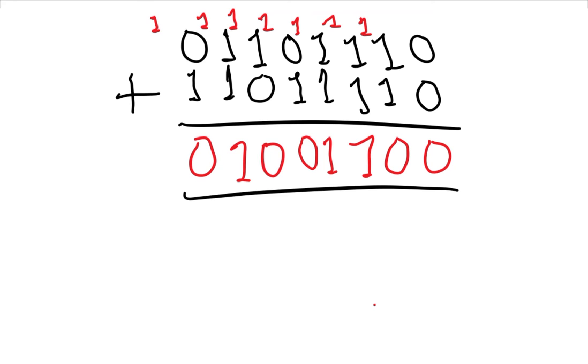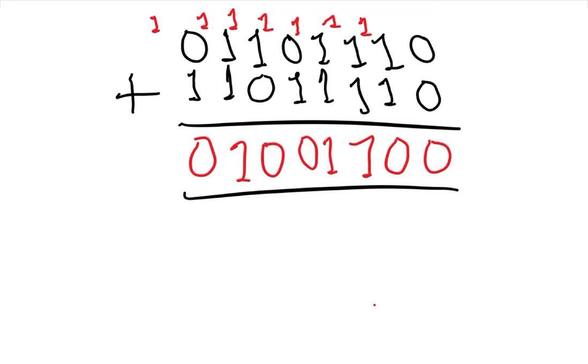Now there are no longer any numbers to be added, but we have an extra bit of 1 left. This addition has generated a 9th bit. The 8 bits of the answer are 0, 1, 0, 0, 1, 1, 0, 0.